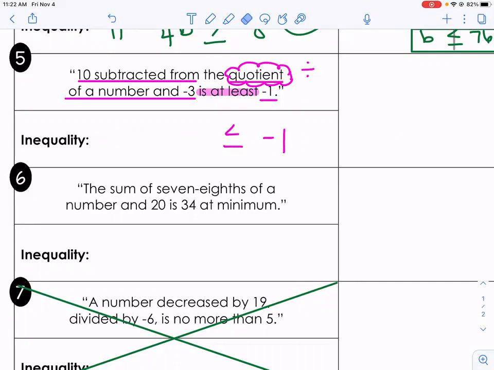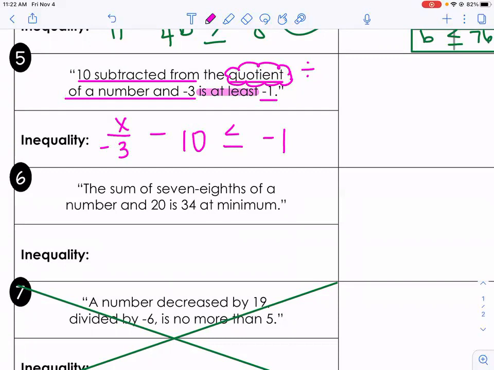So this needs to be -10? Okay, and the quotient of a number and -3 would look more like that. So subtracted from does mean the subtraction needs to come after, but the quotient of a number and -3 is saying a number divided by -3.